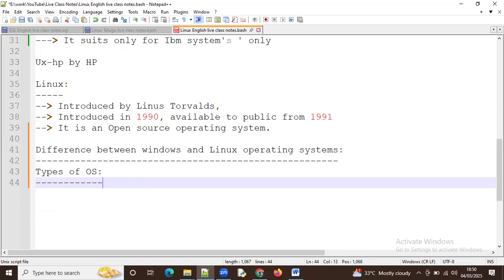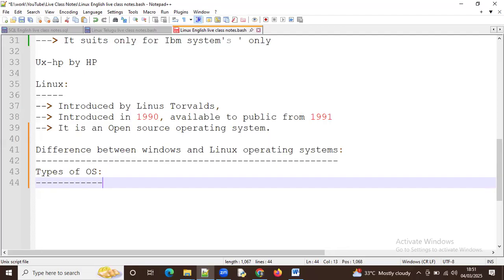I'm asking from the user's point of view, like single user single task, like that. So we have three types of OSs: single user single tasking, single user multitasking, and multi-user multitasking.